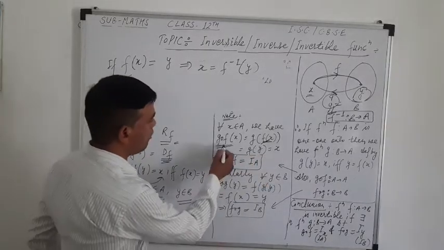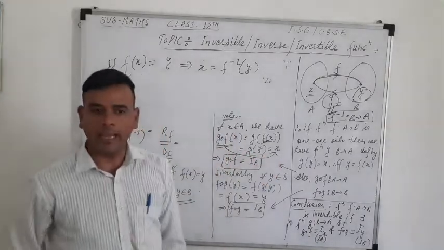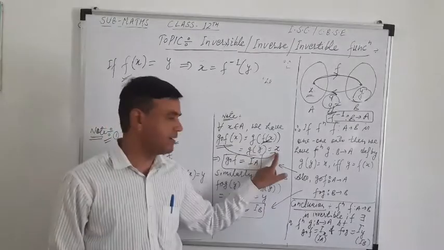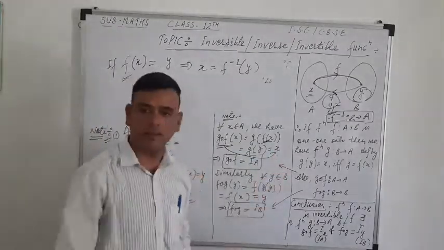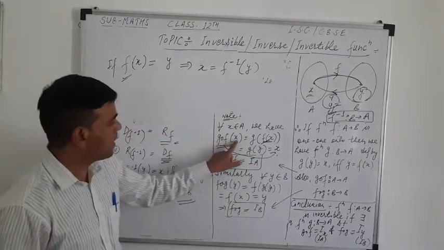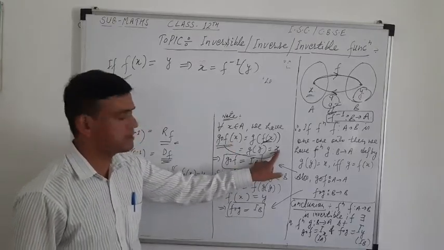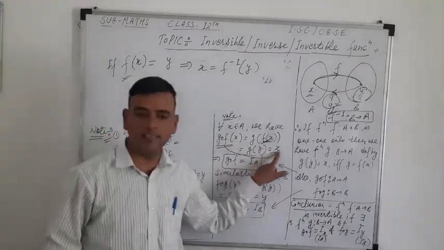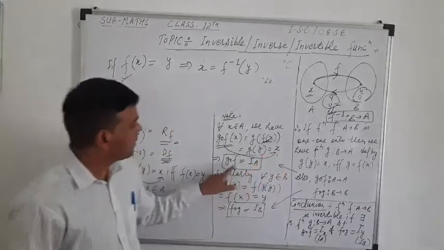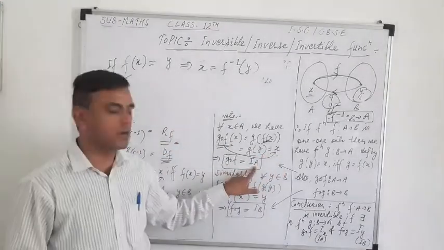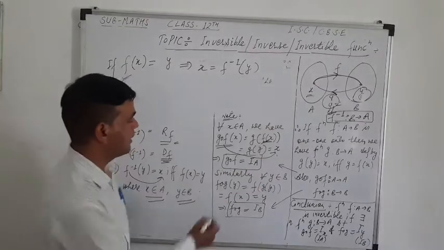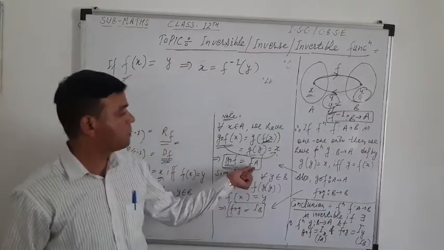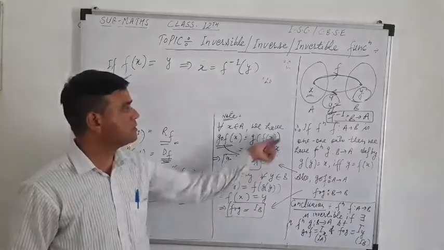It means gof(x) is equal to x, and as already discussed in the previous lecture, when an element is the image of itself, we always say this is an identity function on the given set A. It means gof will be equal to the identity function defined on set A.